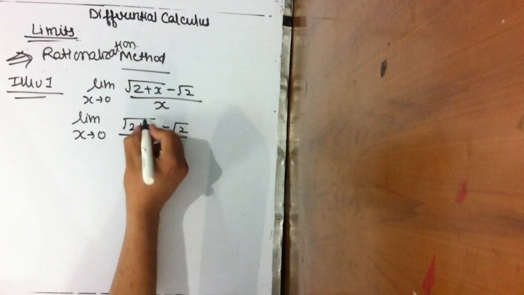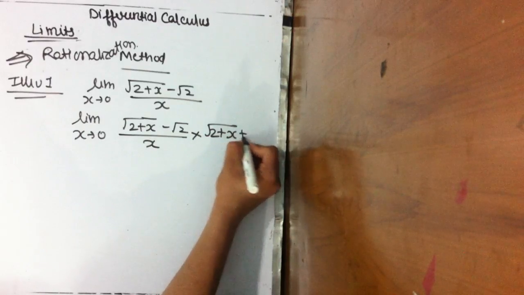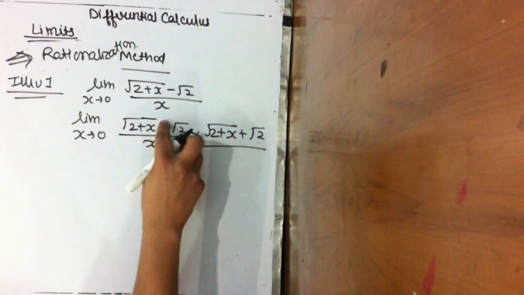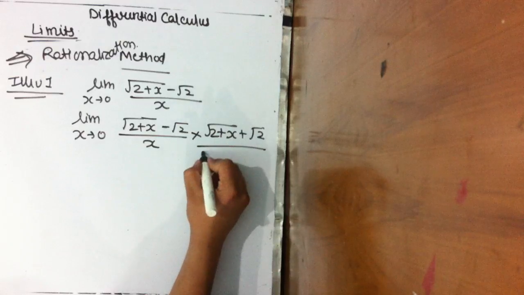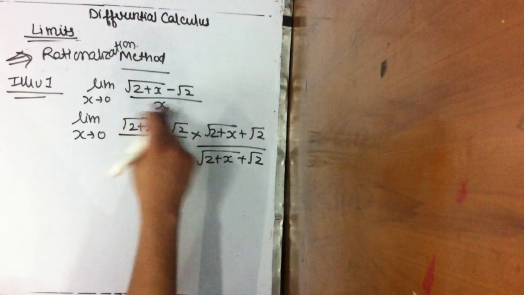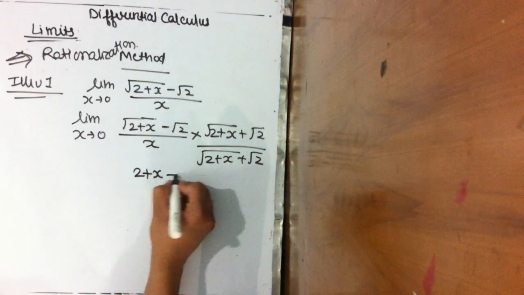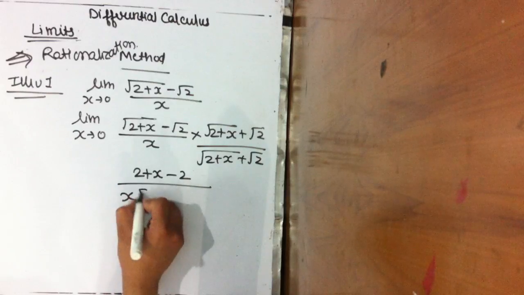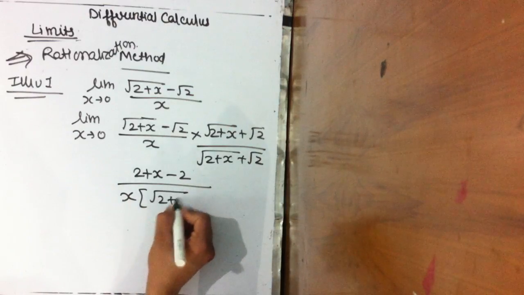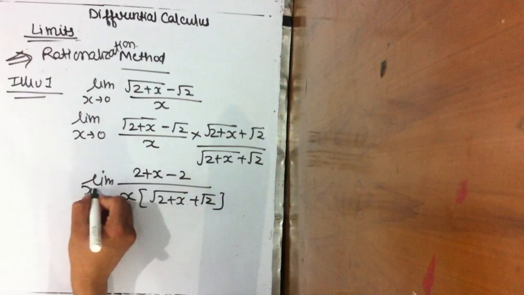In order to remove these square roots, we'll multiply numerator and denominator by the same expression with the sign of the middle element changed. This is (a minus b)(a plus b), that is a square minus b square. That is (2 plus x minus 2) divided by x into (root of 2 plus x plus root 2), limit x approaches 0.